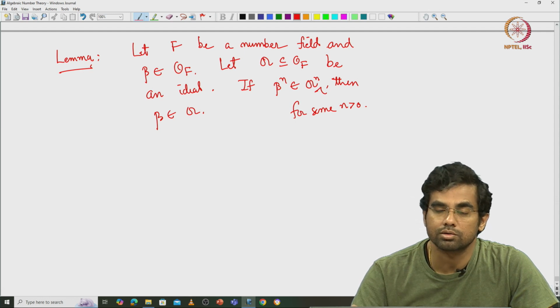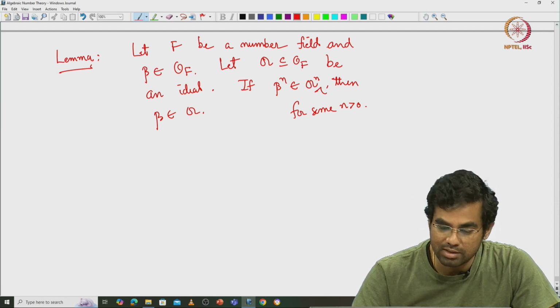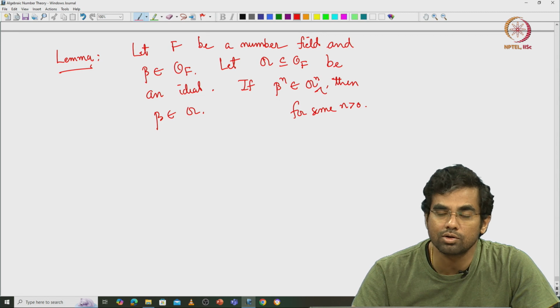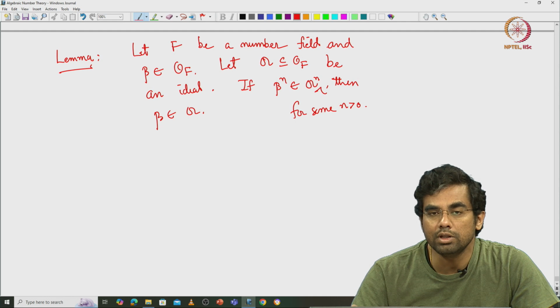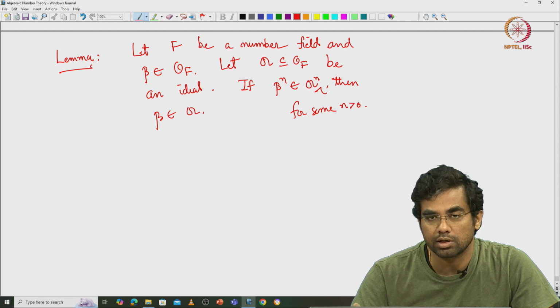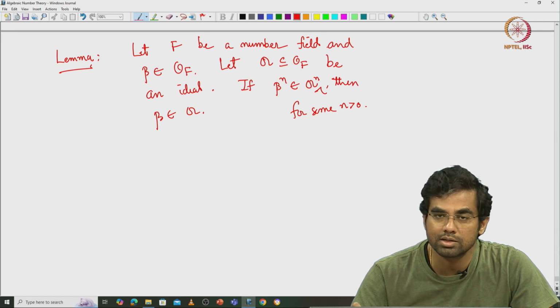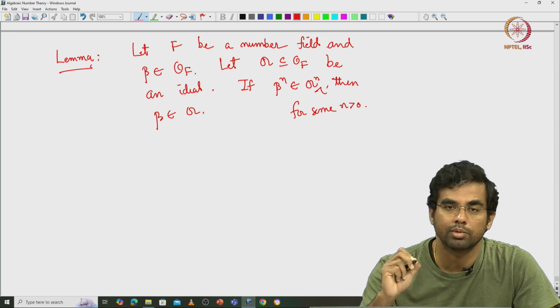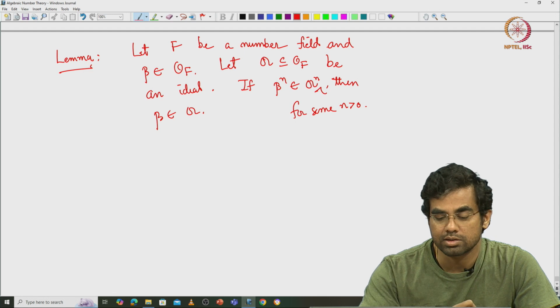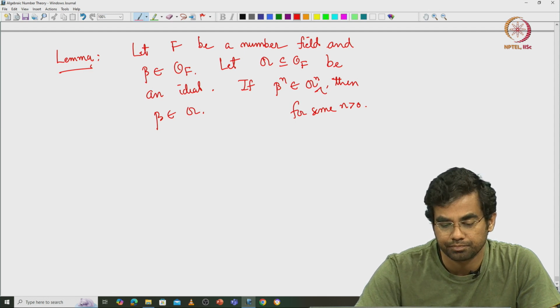And the reason I say this is curious is this is not true in general for any ring. You can have nilpotent elements in a general ring, and for a nilpotent element some power is 0, so it belongs to every ideal, but that does not mean that this element will necessarily belong to every ideal.